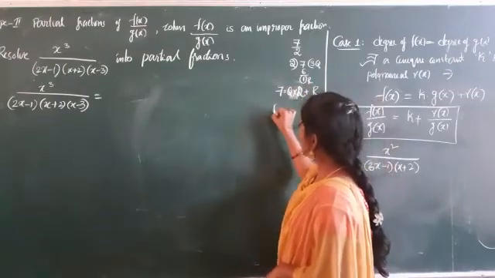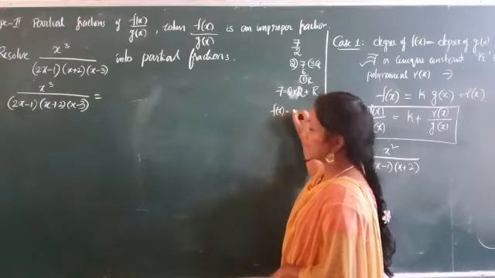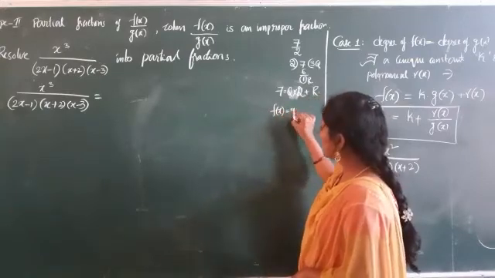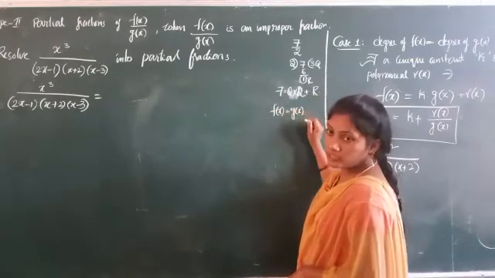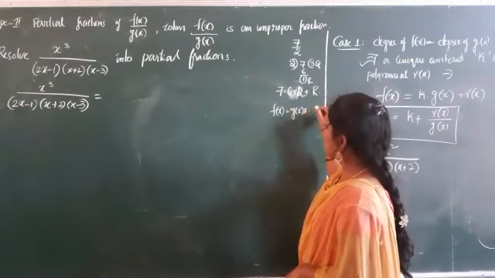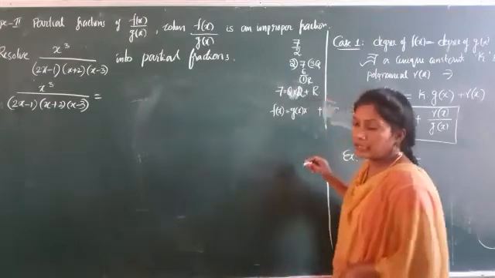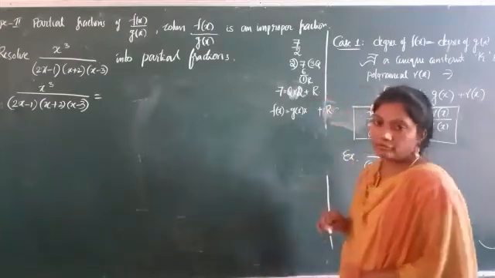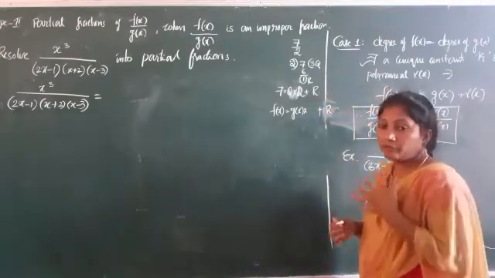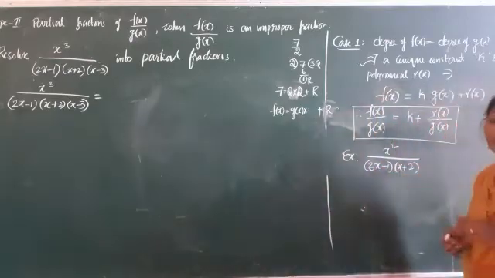So here we are dividing our f of x with g of x. We have to get some quotient, and some remainder also. Let us see which type of remainder and quotient we get in this case.